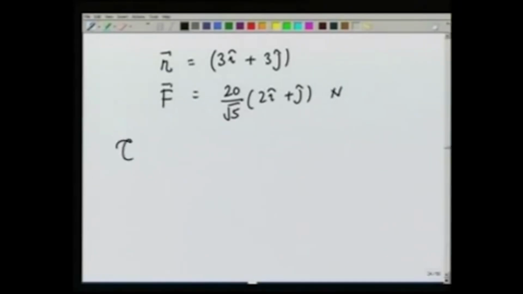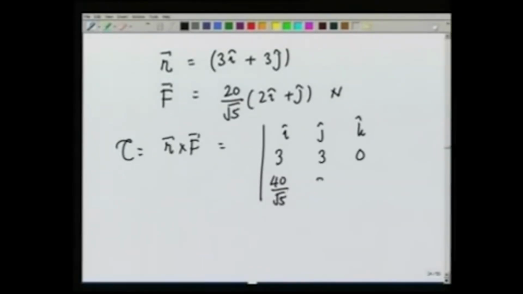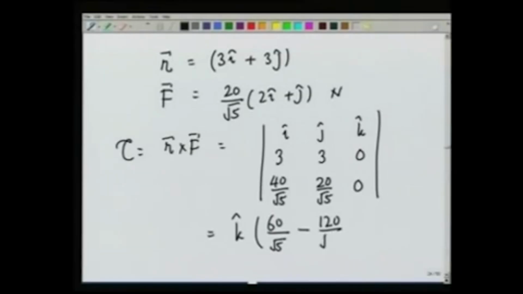So, if I calculate torque, which is R cross F, it is going to be equal to the determinant i, j, k, 3, 3, 0, 40 over root 5, 20 over root 5 and 0. Again it gives only a non-zero component in the k direction, which is going to be equal to 60 over root 5 minus 120 over root 5, which is minus 60 over root 5.